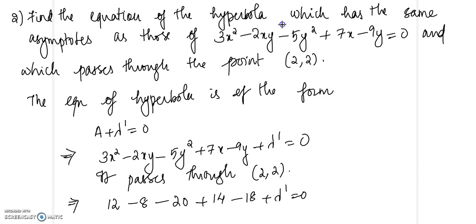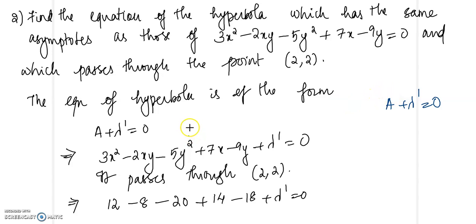So again here also we need to find the equation of hyperbola, and the asymptotes are the same as of this one. So the asymptotes of this curve will again be A plus lambda dash equal to 0. The point 2, 2 is on this hyperbola, so substitute 2, 2 and find the value of lambda dash.